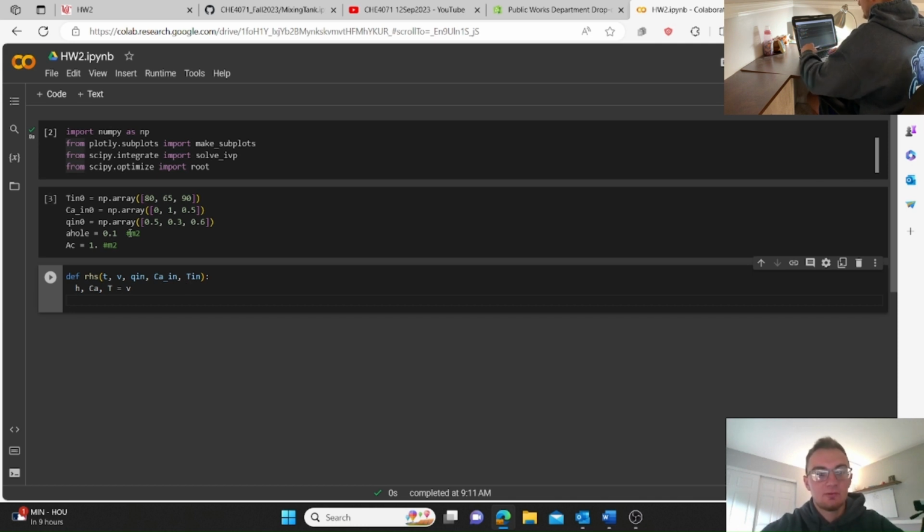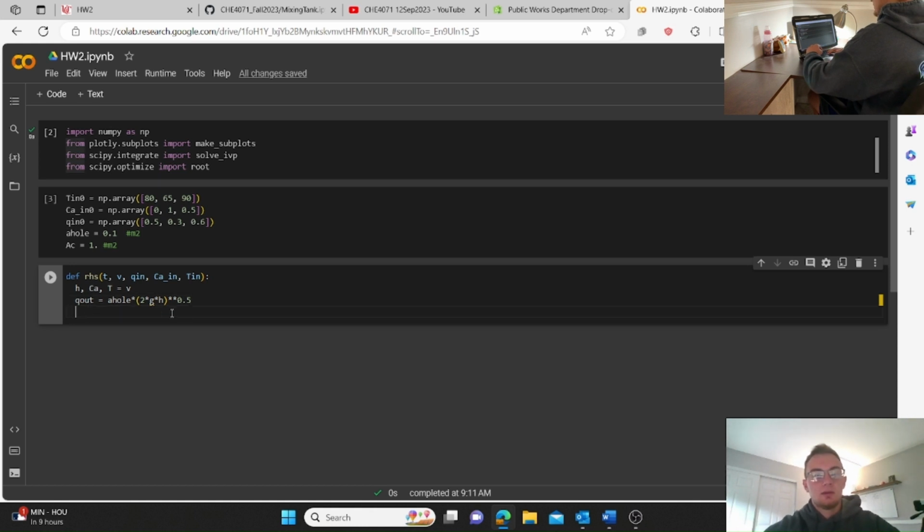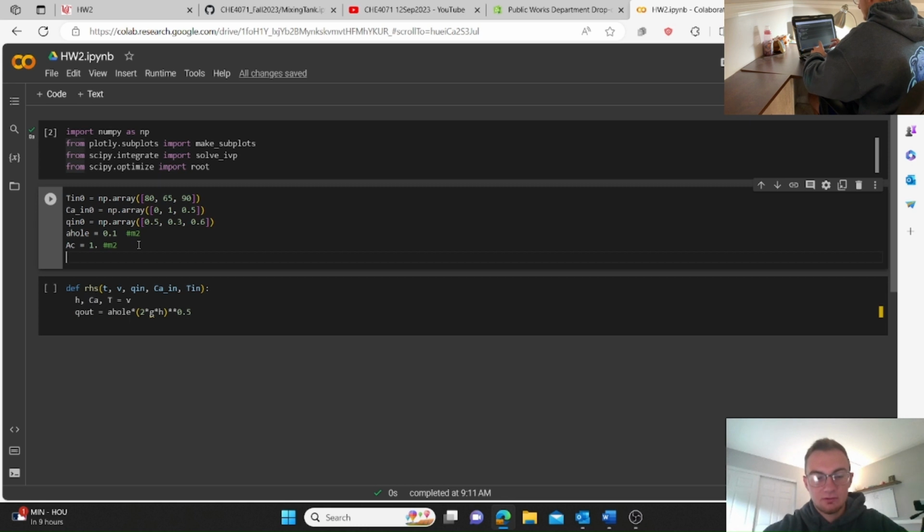We can solve this because we know the cross-sectional area of the hole. So Q out is equal to the cross-sectional area of the hole times 2 times g times H, all raised to the 0.5 power. And I need to define g here. So g, the gravitational constant, is equal to 9.81.